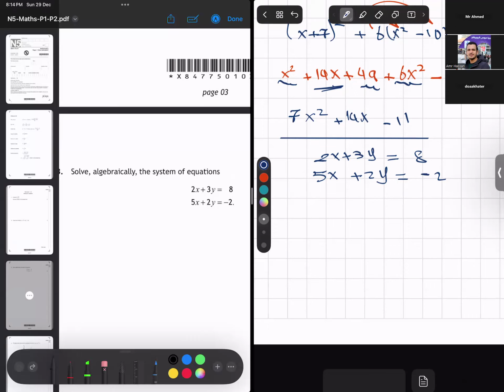Okay. Times the top one by -2, times the bottom by 3. Yeah, perfect. You need to get rid of y, right? Yeah.